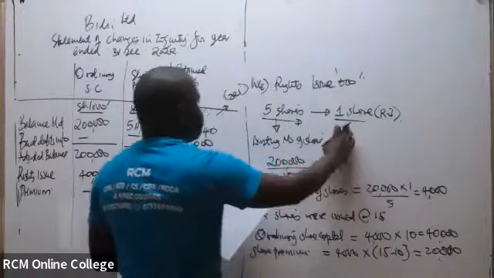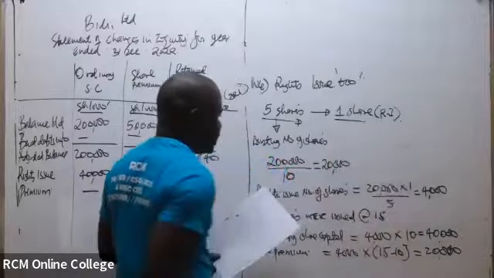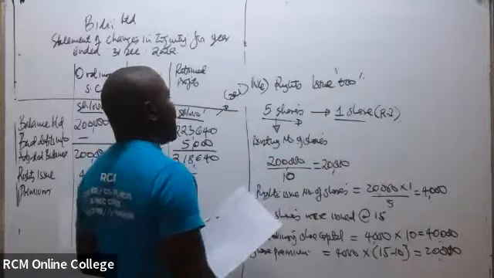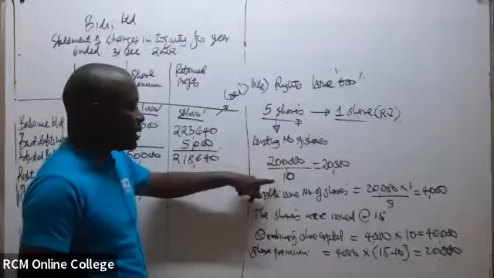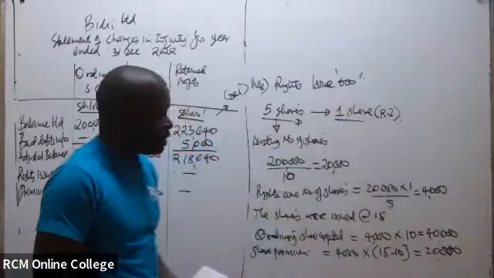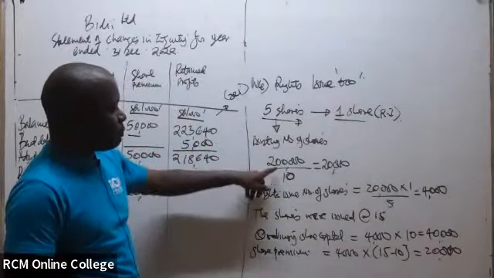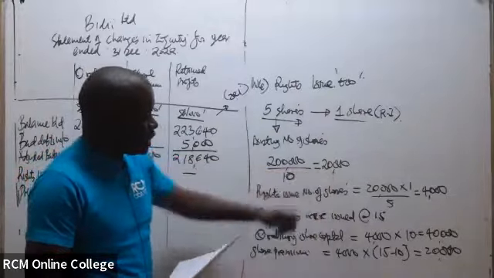Therefore, we need to compute the number of shares issued in the rights issue. First, we must know how many shares currently exist, because every 5 of them will represent 1 share as a rights issue. The computation is 200 million divided by 10, which gives 20 million shares.